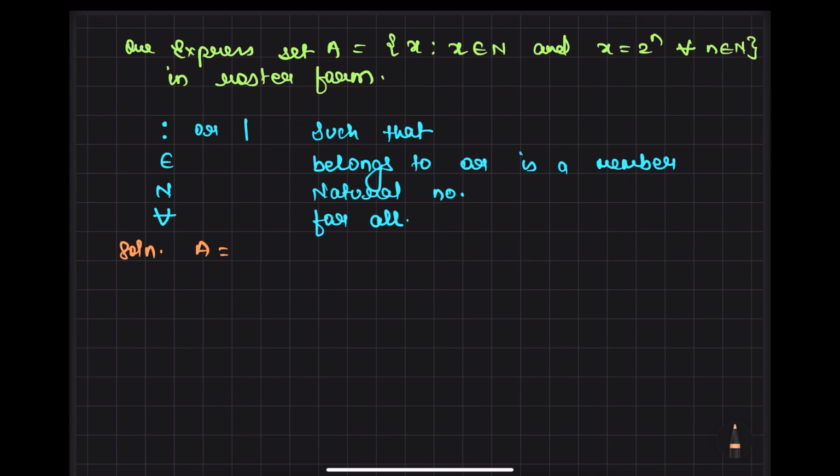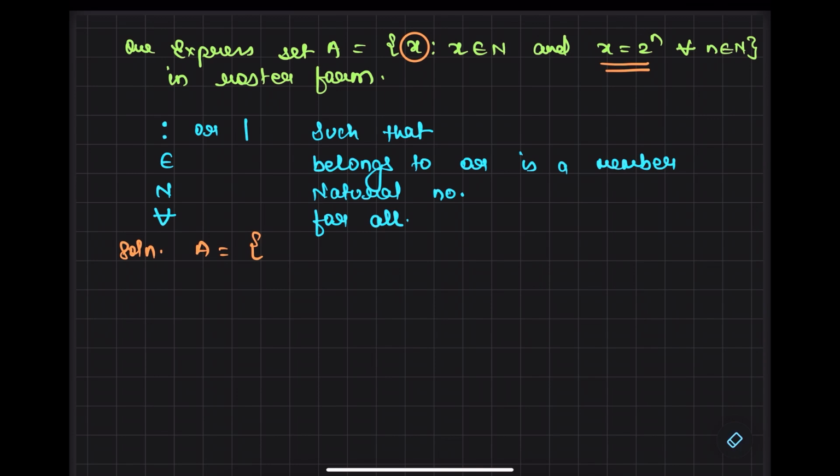So you know that in roster form, you have to write down distinct elements, discrete elements. Correct? So just tell me, what is the first natural number? You know that the first natural number is 1. So the first thing represents the element. Okay.